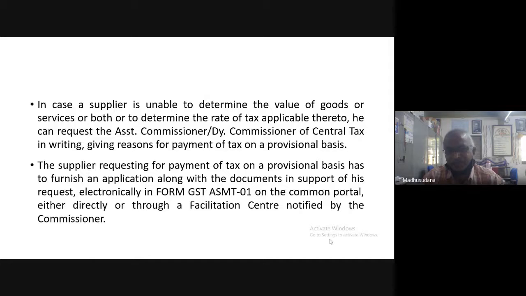They start the provisional assessment process only after receiving the written application from the supplier in Form GST ASMT-01 only. Okay, this form should also be submitted through the common portal. This is the procedure relating to the provisional assessment.